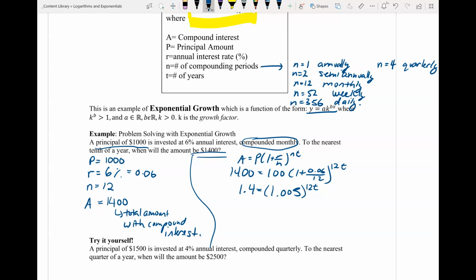And then from this point, I can take the logarithm of both sides. And I can also bring down the 12t using our power rule. Then I can divide both sides by 12 log 1.005 in order to get t by itself.